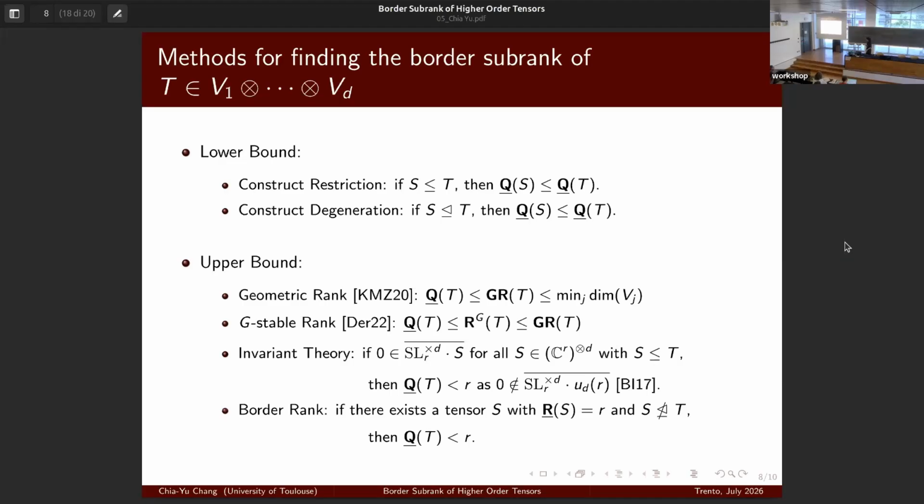So from this result, we get that the unit tensor is not a restriction of T, and because this is a closed condition, we also get that the unit tensor is not a degeneration of T.